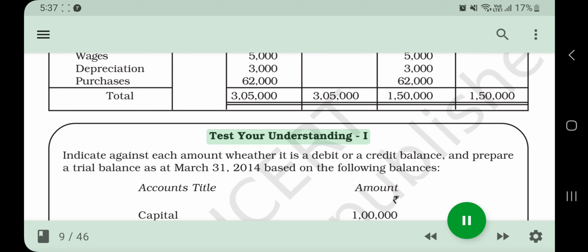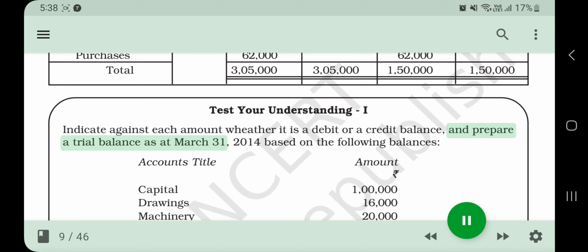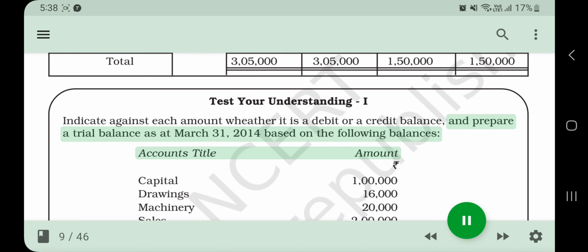Test your understanding. I. Indicate against each amount whether it is a debit or a credit balance, and prepare a trial balance as at March 31, 2014 based on the following balances.